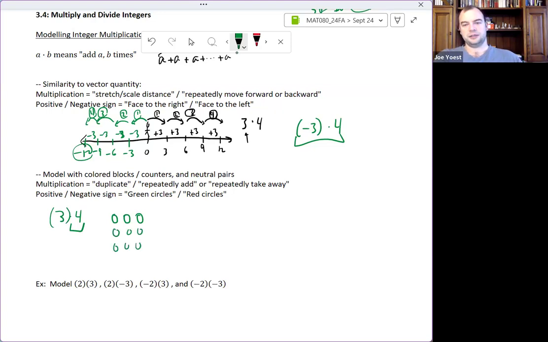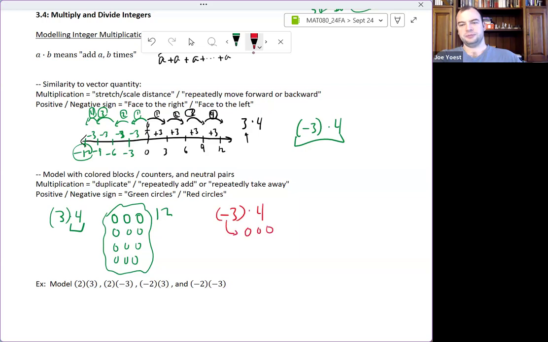There's a second, a third, and a fourth row of 3 green counters. This gives me a total of 12 green counters. Or if I had -3 times 4, I want to take 3 red counters and duplicate them 4 times. There's a second, a third, and a fourth set of 3 red counters. Or this is just 12 counters of what type, of the red type. So we call those negative.